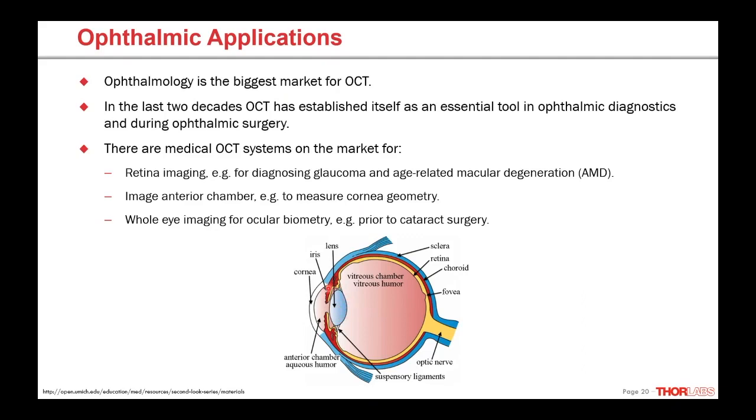Here you're often interested in the geometry. On top of that, we can also measure the geometry of the anterior chamber and the axial length of the eye, which is then called ocular biometry. This is often done prior to cataract surgery.